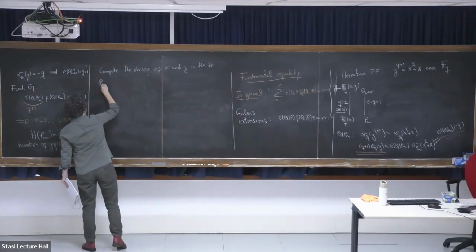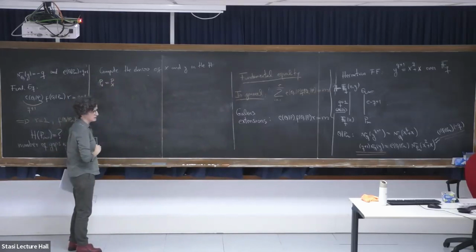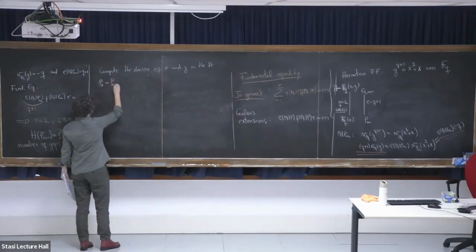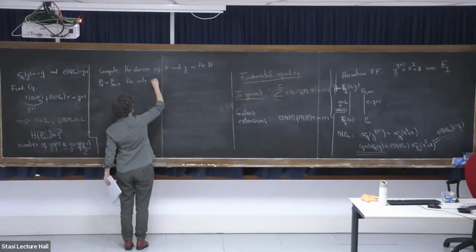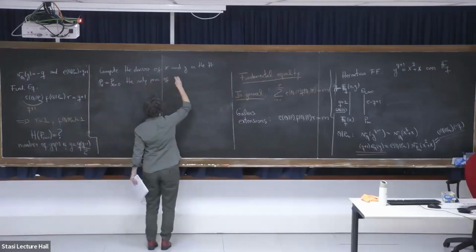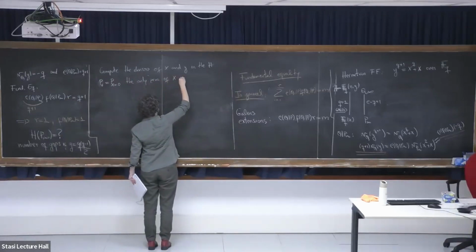So P0 is the place associated to x equal to 0, the only zero of x down here.